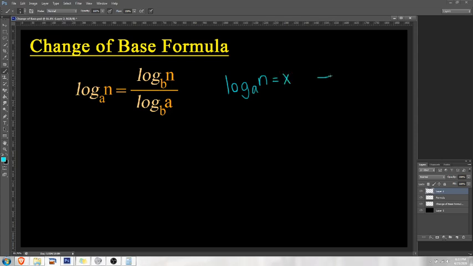And what does that look like when it's written as an exponential equation? Well, our base is going to be a, right? Our exponent, the thing that's isolated over there, is x, and that's equal to our argument n, alright? So let's get going with our proof.